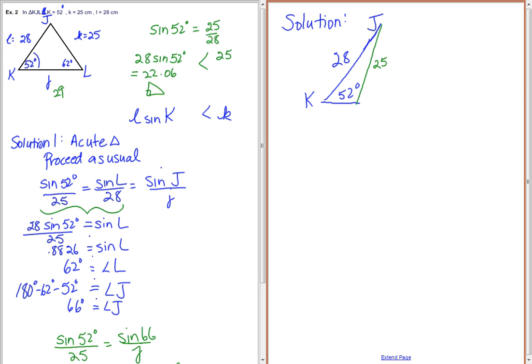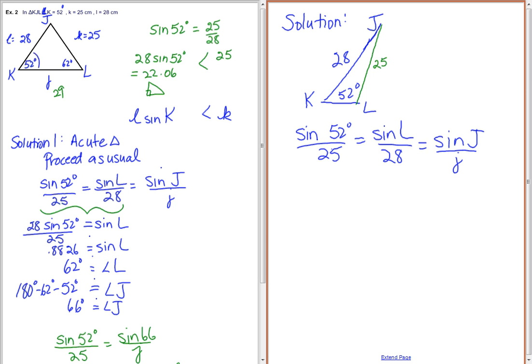So to solve for this triangle, my start is the same. I'm going to set up the sine law. Sine 52 degrees over 25 equals sine L over 28 equals sine J over j.